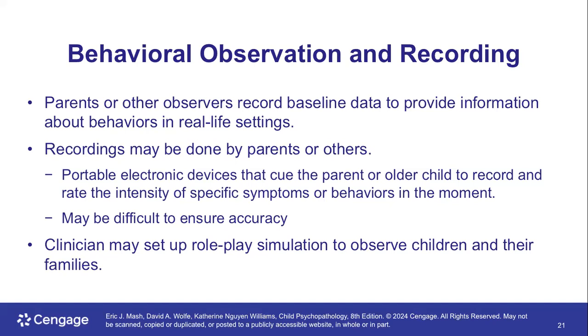One of the problems with these beepers, or maybe now it would be a text message saying it's time for you to take a reading, is that it's hard to ensure accuracy, right? Who is to say that the parents or the child are reporting accurately what they're actually doing?